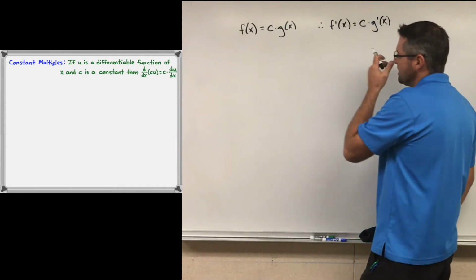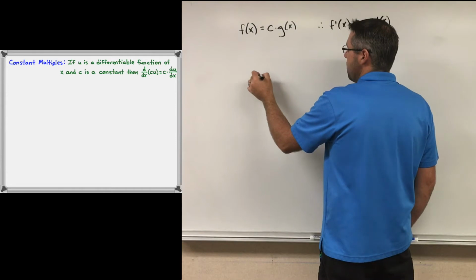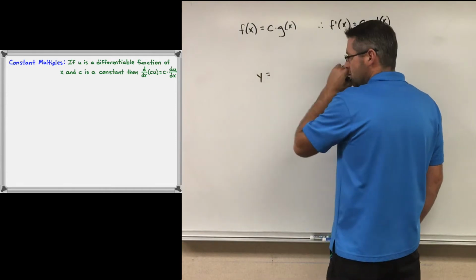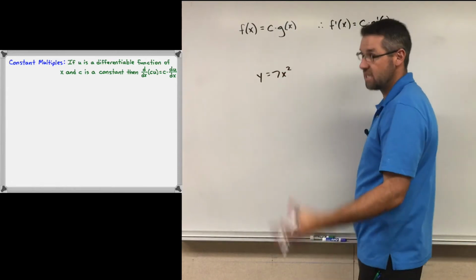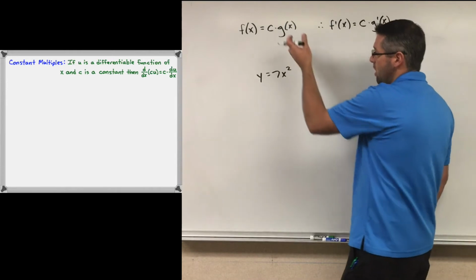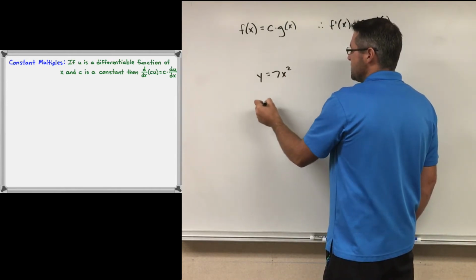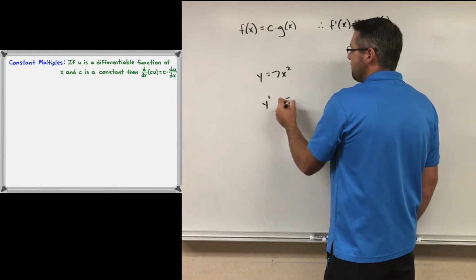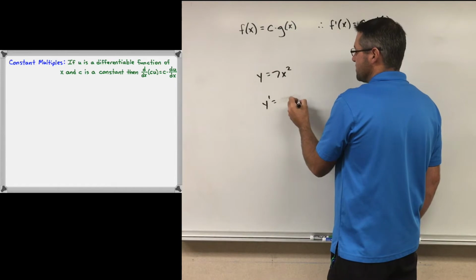So I guess the best example of this is, let's say that y equals 7 times x squared. 7x squared. Do we have a constant multiple? Yes, we do. The constant multiple is 7. So what does this say to do? It says to take the derivative of y, the first thing we have to do is take the derivative of x squared.